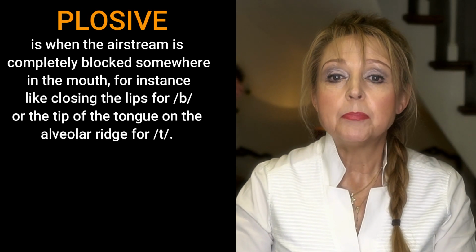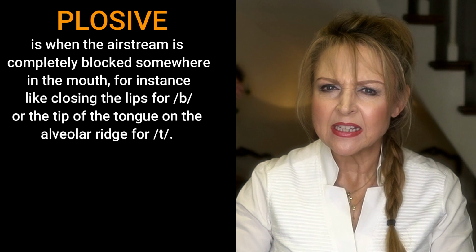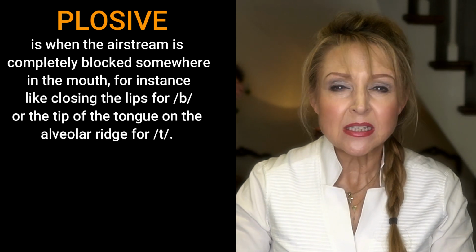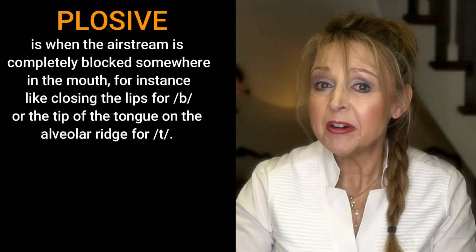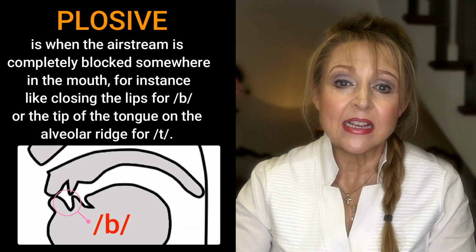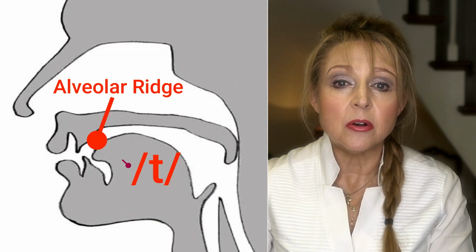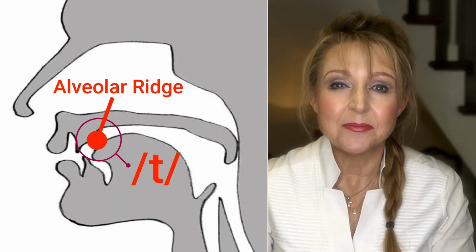Here's a quick explanation. A plosive, which in American English is sometimes called a stop, is when the airstream is completely blocked somewhere in the mouth. For instance, like closing the lips for b, or the tip of the tongue on the alveolar ridge for t.